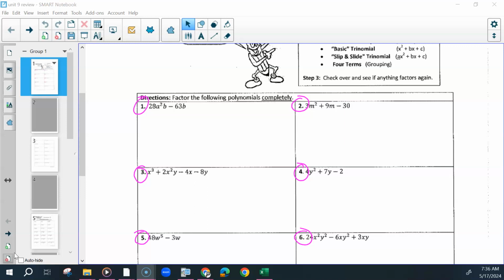Any questions on this review? Let me know what questions you want to go over. So Unit 9 is just your factoring and your dividing polynomials.